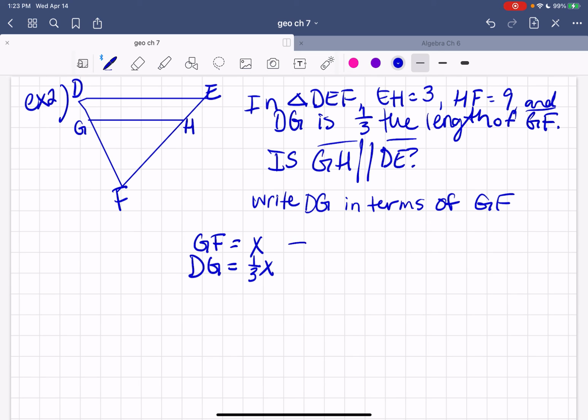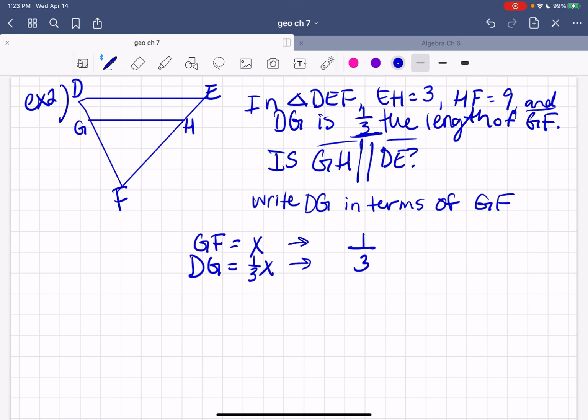They actually do kind of the opposite, and they say GF is 3 times the length of DG. Doesn't matter. Anyway, what's happening here is if we have something that's a third of the length of another thing, that means the scale factor is 1/3.